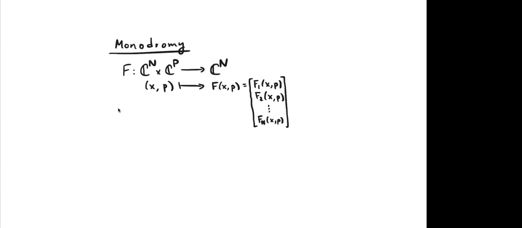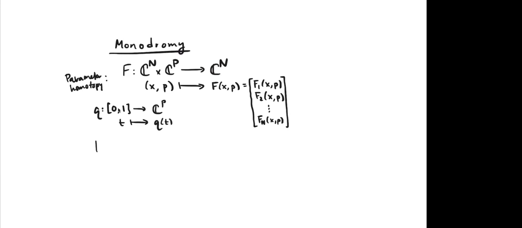This is just a review first of parameter homotopy. Then we had a path, a real valued path in our space of parameters.